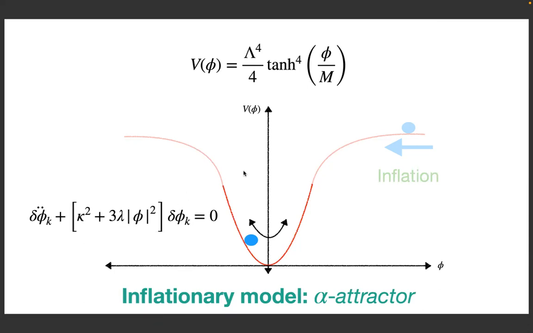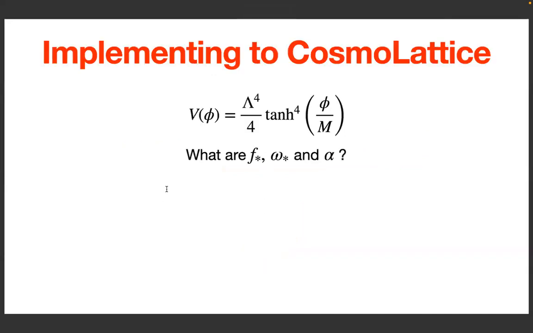If you already know this, this will lead to a parametric resonance. So we can follow this parametric resonance in the lattice, and we can even see what will be the back reaction of the fluctuations onto the homogeneous background. And that's why we will use lattice simulations to study these kinds of effects. So let's try to implement this in CosmoLattice.